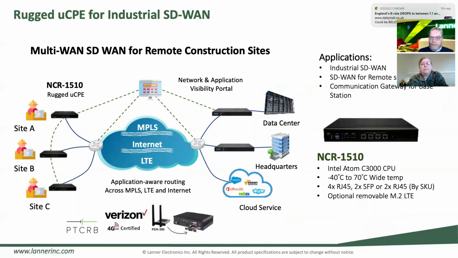Another area for universal CPE and SD-WAN is applications outside the enterprise. So when you have a controlled environment, like an office branch, it's typically all in a controlled environment in terms of temperature and so forth. There are some use cases for the network services which are outside an office building.